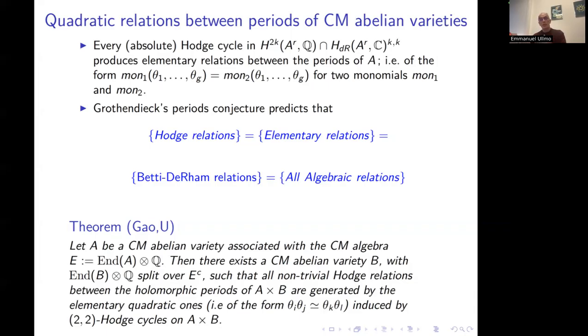And they are induced, in fact, by two Hodge cycles on a product like A cross B.